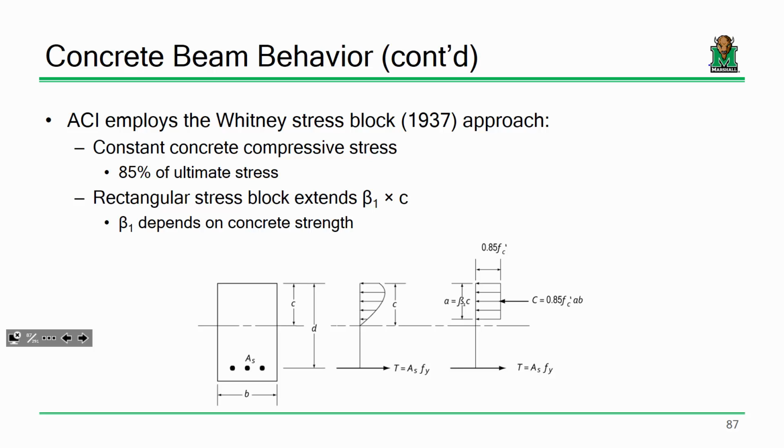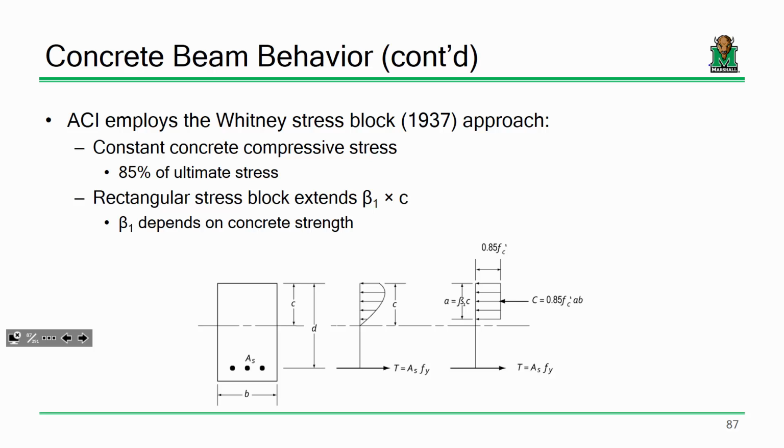The stresses are always taken at a constant 0.85 f'c. Remember, we reduced the dimensions of that box a little bit. It was like 0.8 and 0.833 or something like that. So the width of that stress block is 0.85 f'c. The depth is related to two factors.